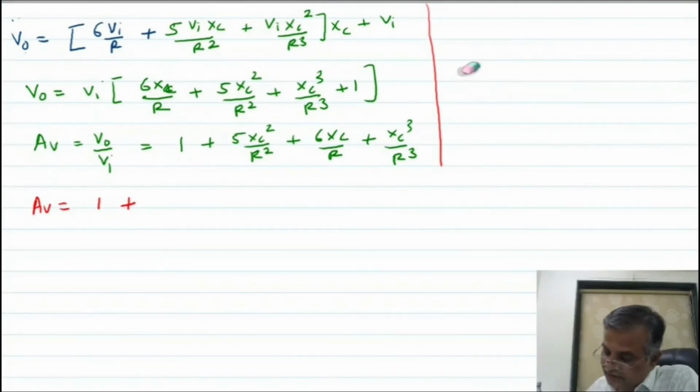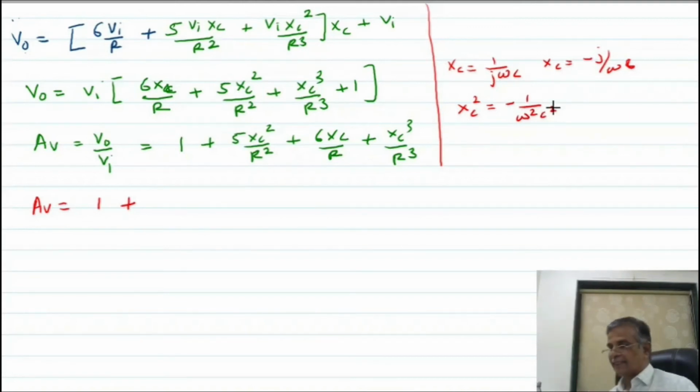XE is nothing but 1 upon j omega c, or you can write XE is equal to minus j by omega c. So XE square is equal to minus 1 upon omega square c square, and XE cube is equal to minus j by omega cube c cube.